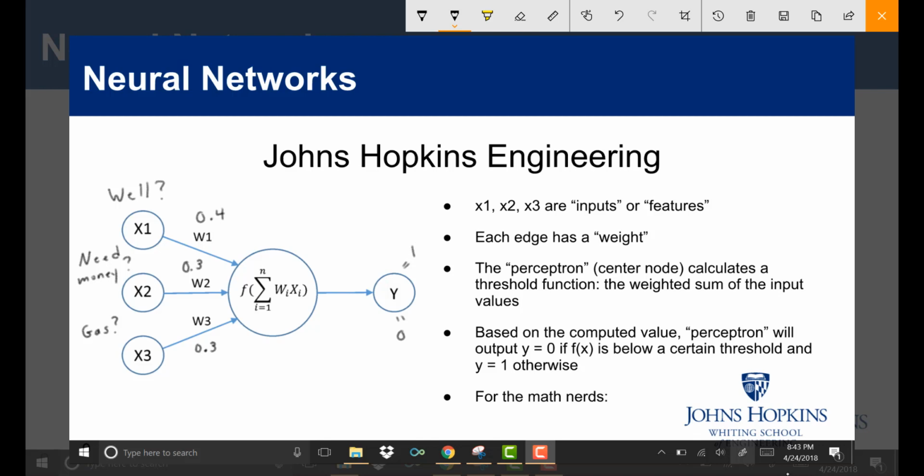Okay, now in this example, let's say, am I feeling well today? The answer is no. That's a 0 times the weight, which was 0.4. Plus, do I need money? Say no, I'm doing okay on money this month. It's a 0 times 0.3.